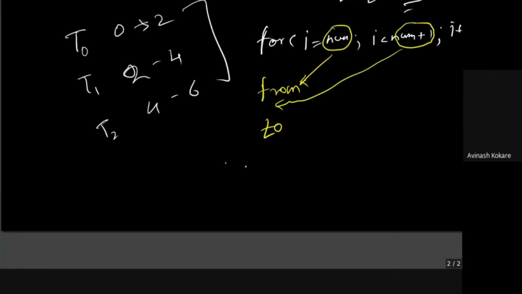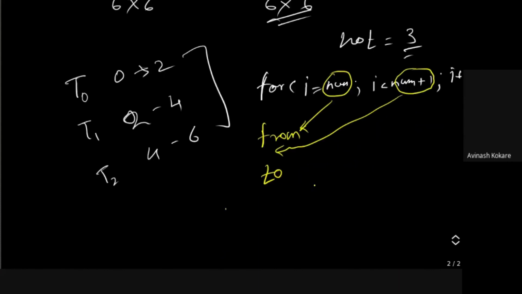For example, as I have told you, for 6 by 6, if the number of threads is 3, there should be a division of 2. So let me write the formula. From equals num, where num means the thread number, either 0, 1 or 2.